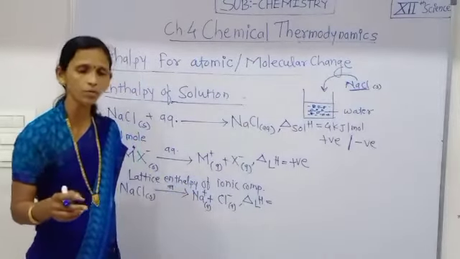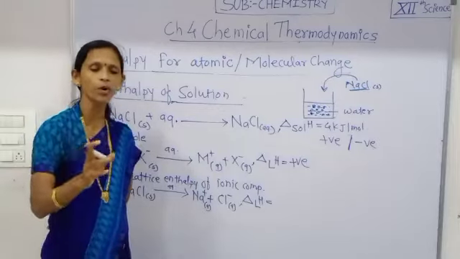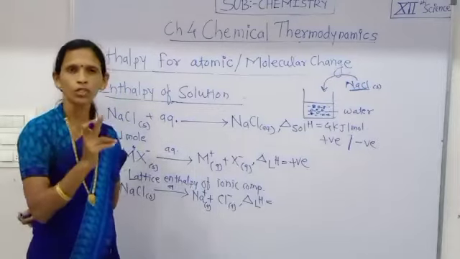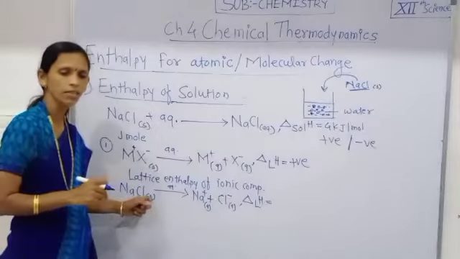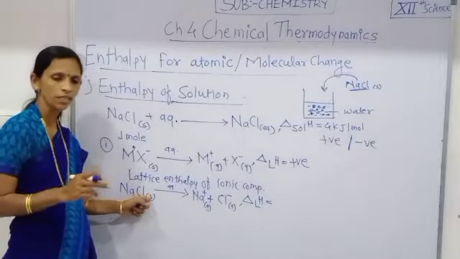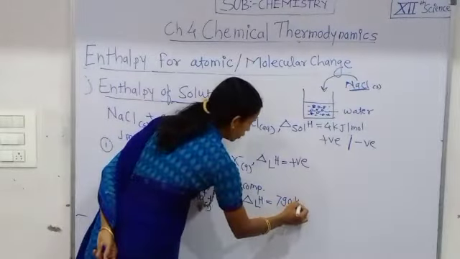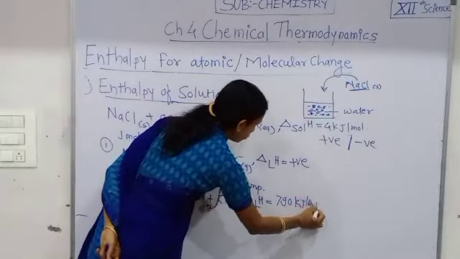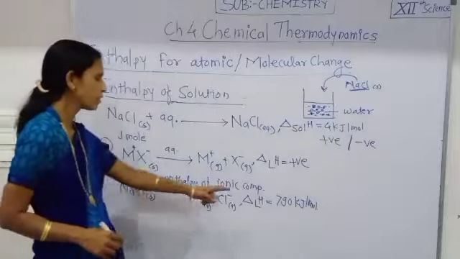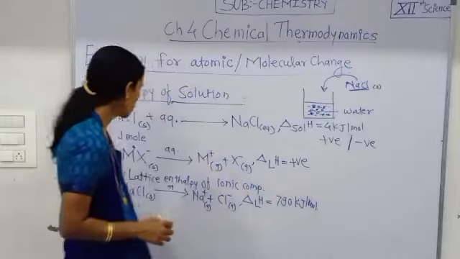The lattice enthalpy of any ionic compound is always positive, and the lattice enthalpy of NaCl is 790 kilojoule per mole.